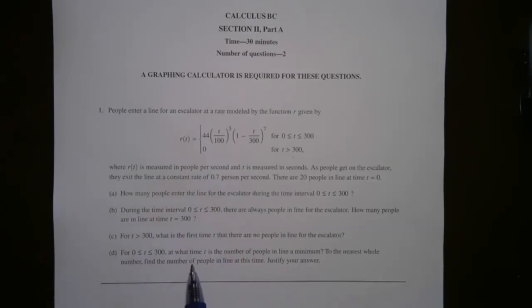All we're going to do is start at 300, where we already know how many people are in line, and then remove people and see when there would be no people in that line, which means 0 people, right? So let's go to part C and I'll work this out with you.